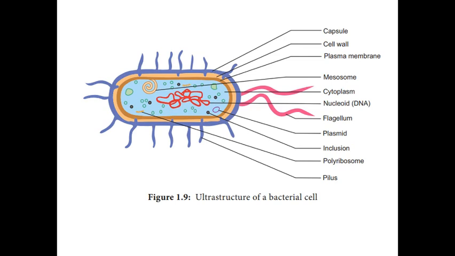In addition to normal pili, there is a special type of pili which helps in conjugation, called sex pili, also found in bacteria.